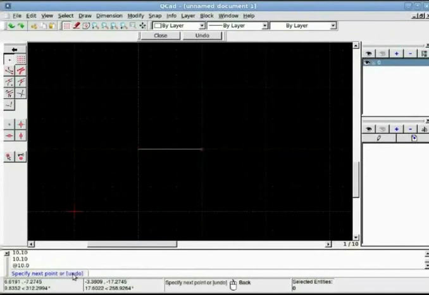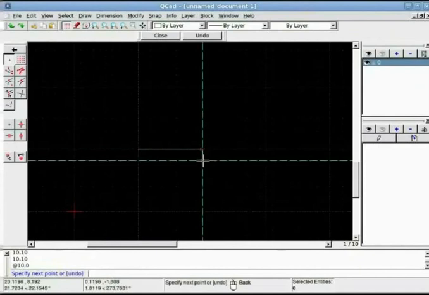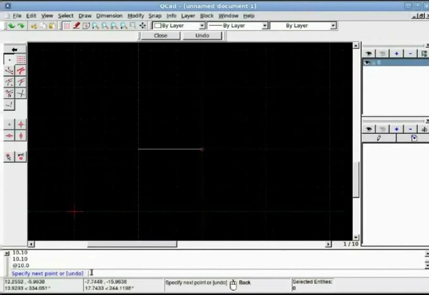Now for the vertical line going in the downward direction, again for relative I use @, then the x value is 0 but y becomes minus 10 because it is going in the opposite direction. That's why the value is negative here. For the next horizontal line in the 9 o'clock direction, I say @. Now the x-axis is negative.